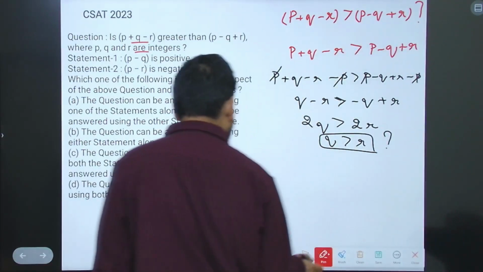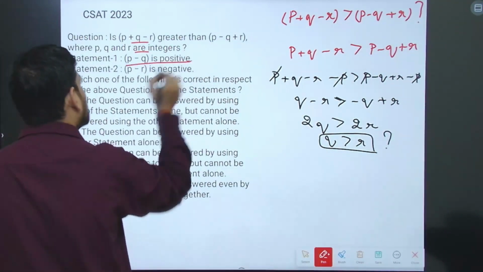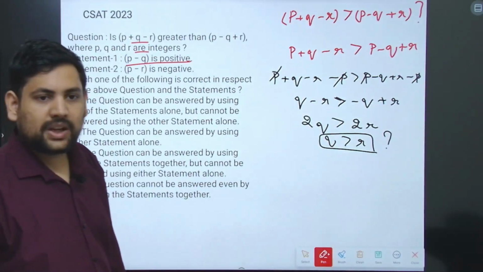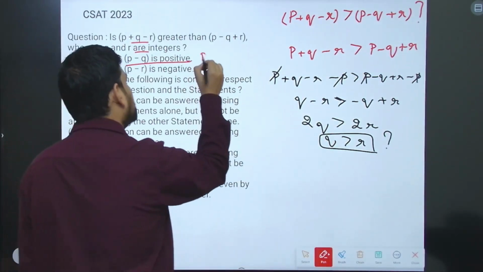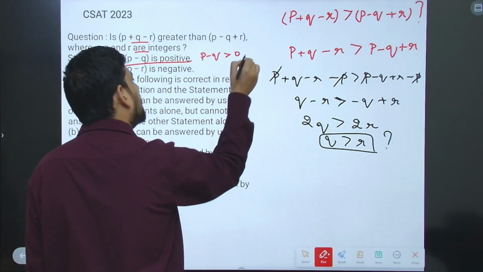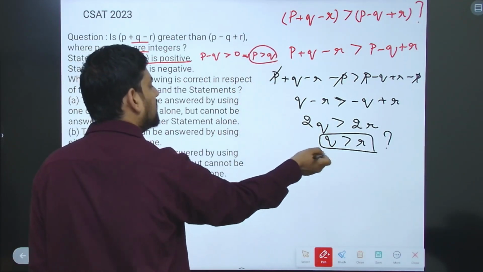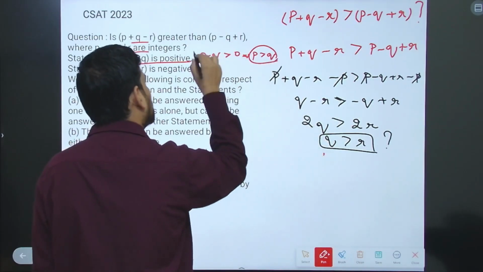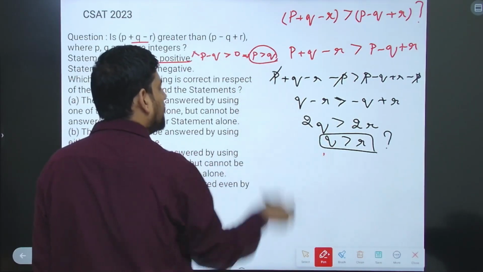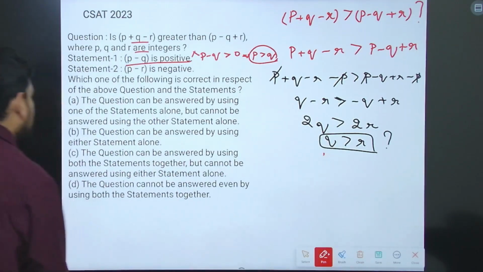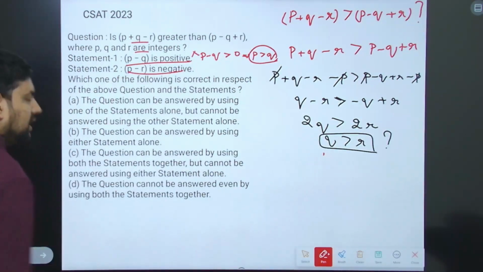So let's use the first statement. P minus Q is positive. That means what? P minus Q is greater than 0. That is, P is greater than Q. Does this answer this question? No. Alone, not enough. Because this is giving a relation between P and Q, not Q and R. Then P minus R is negative.